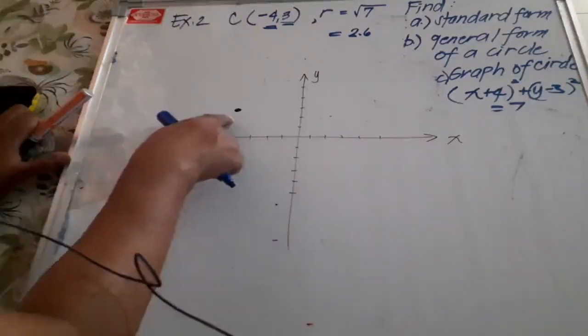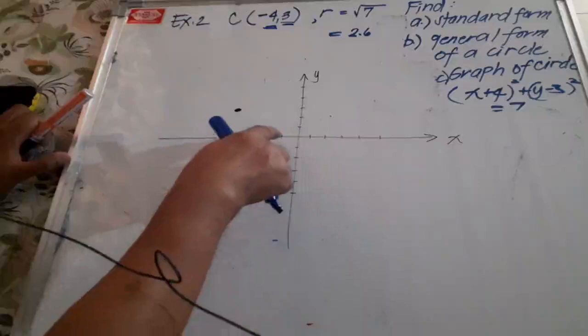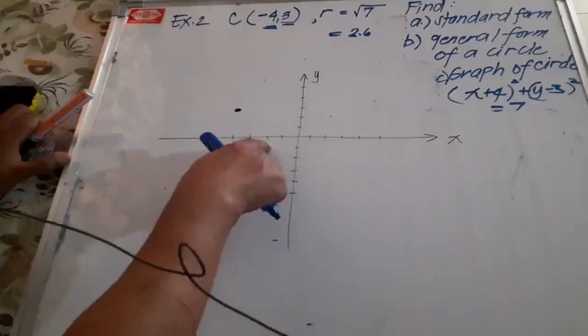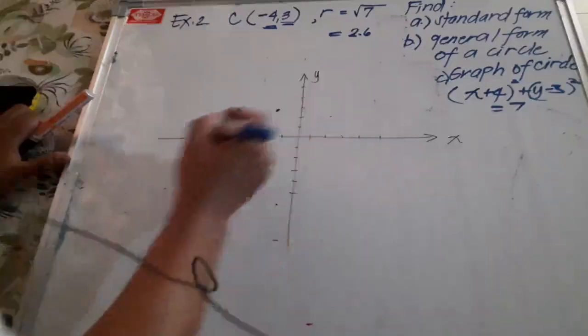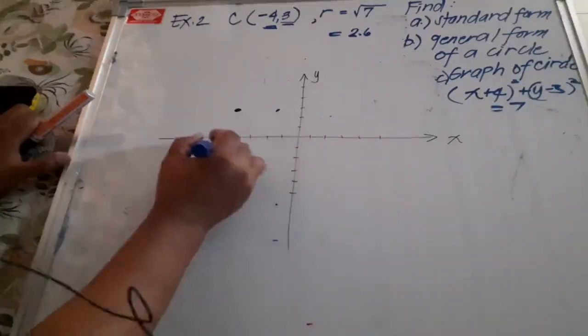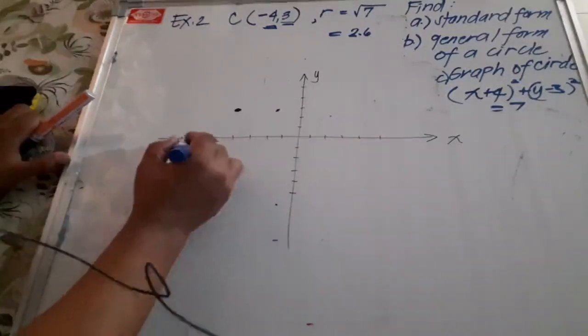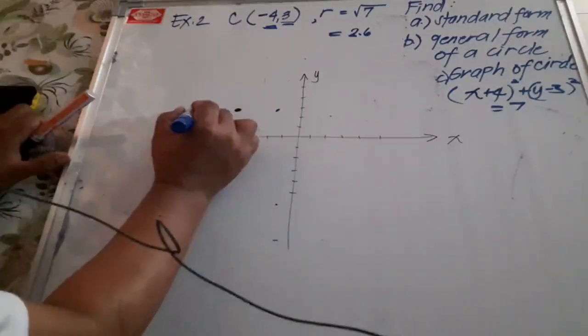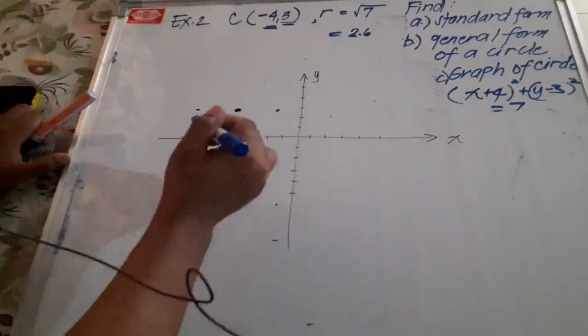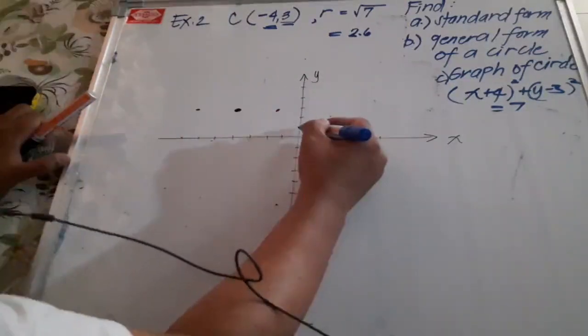So, starting from here, punta doon. So, 1, 2, 3, 1, 2, then 0.6. Somewhere here. Dito naman sa kabila, 1, 2, then 0.6. Ito. And then, downward, 1, 2, then 0.6.